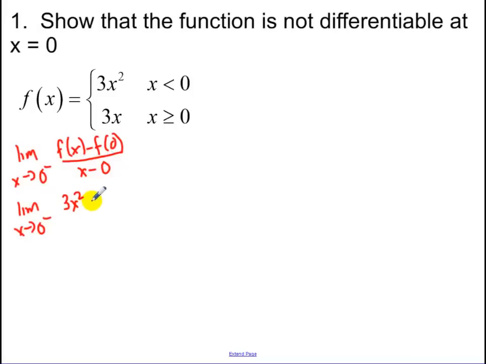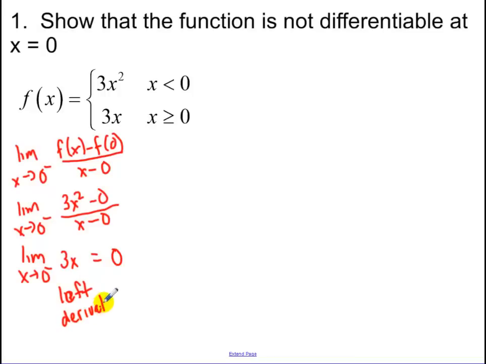The function evaluated at 0 is 0. Simplifying inside that limit, we're just going to have 3x on the top. So that limit is going to be 0. So our function from the left, the left derivative at x equals 0, is 0.